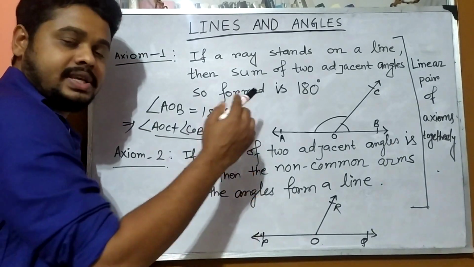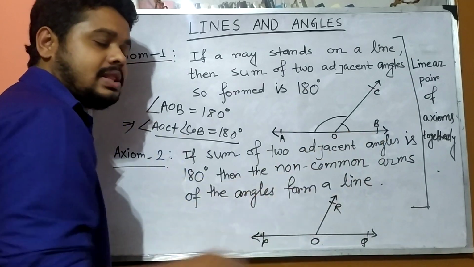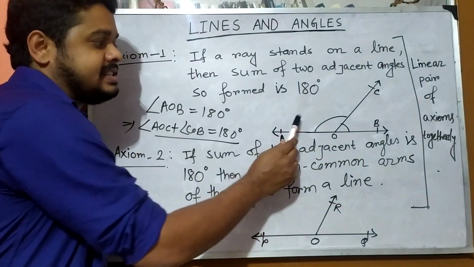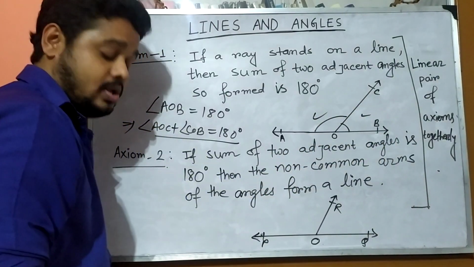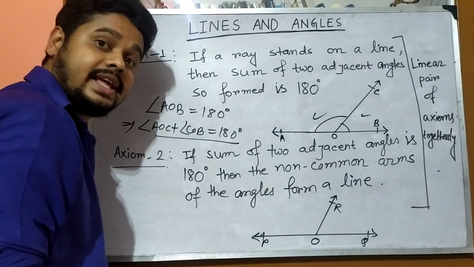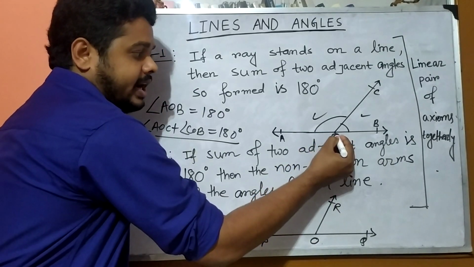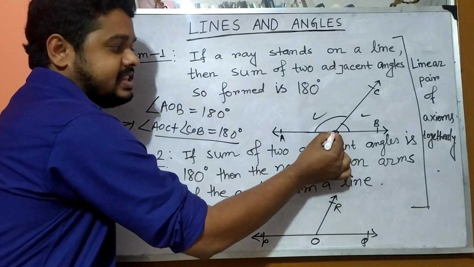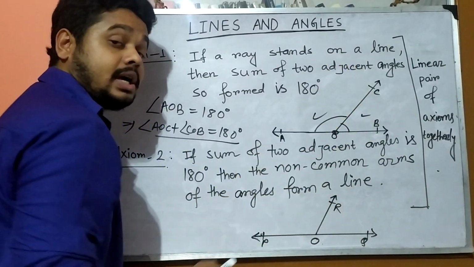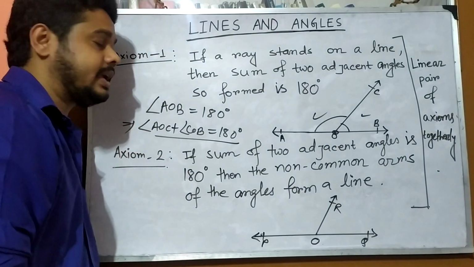So the axiom says, if one ray, that is OC, stands on the line AB, then the sum of these two adjacent angles is 180 degrees. Why are they adjacent angles? Because they have a common vertex O and a common side OC.